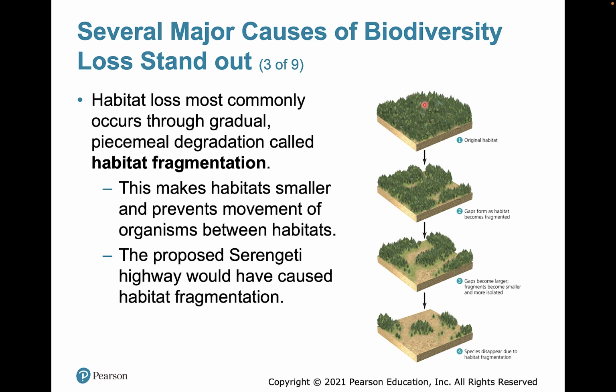So organisms that needed this big swath of area to survive, like a tiger, are not going to be able to live here. So they either need to move or they die, all right? So the highway through the Serengeti would have caused a tremendous amount of habitat fragmentation. That whole northern loop of the migration would have been cut off.